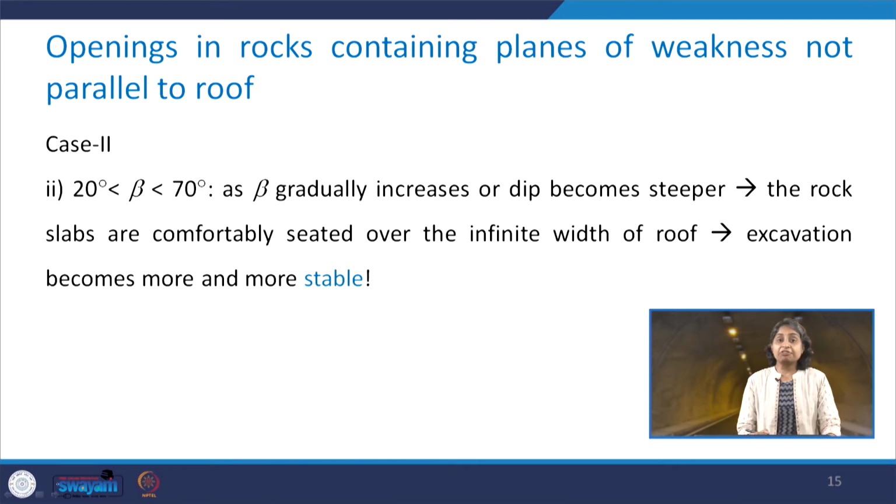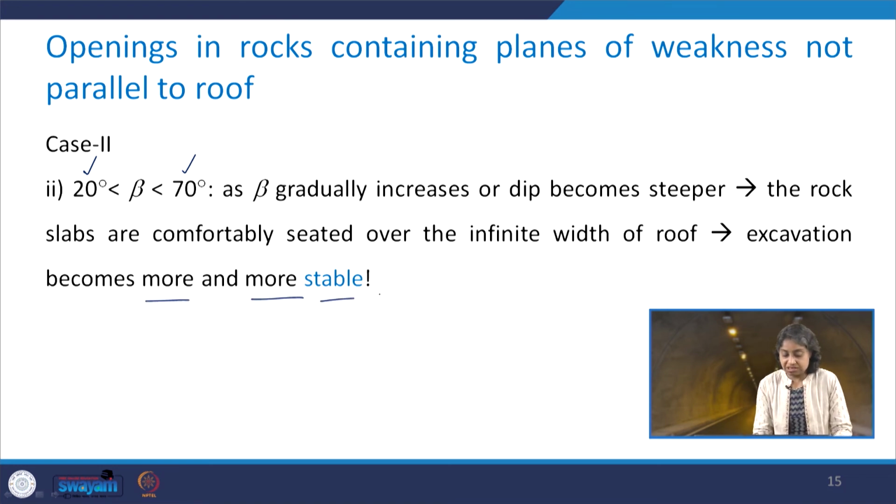In case this beta varies between 20 degree and 70 degree, as this beta gradually increases, the dip becomes steeper. The rock slabs are comfortably seated over the infinite width of the roof, and this results in a more and more stable excavation. So, no problem for us.